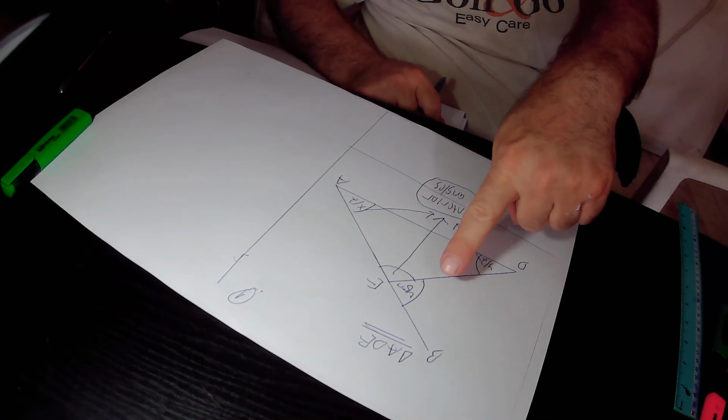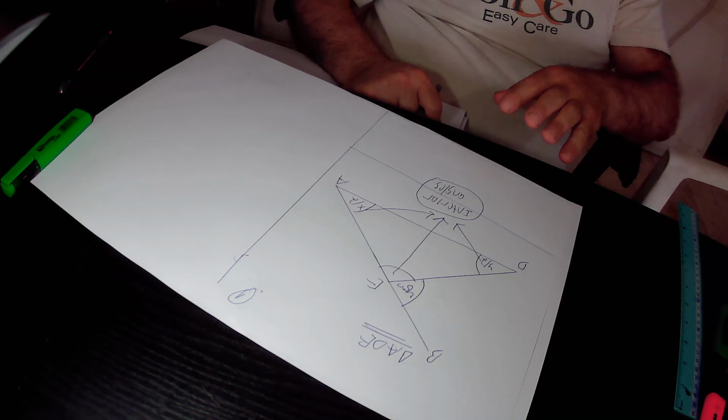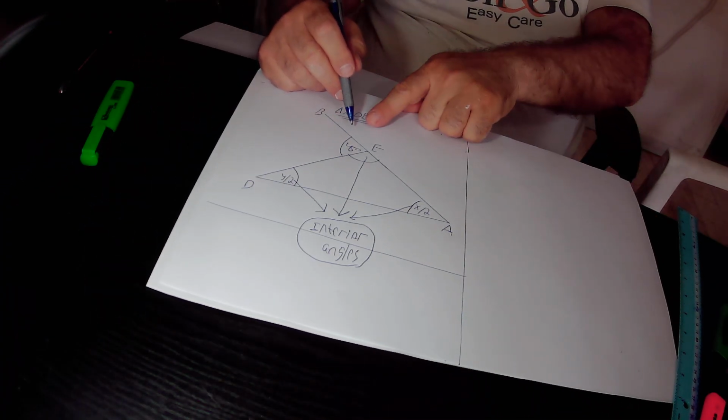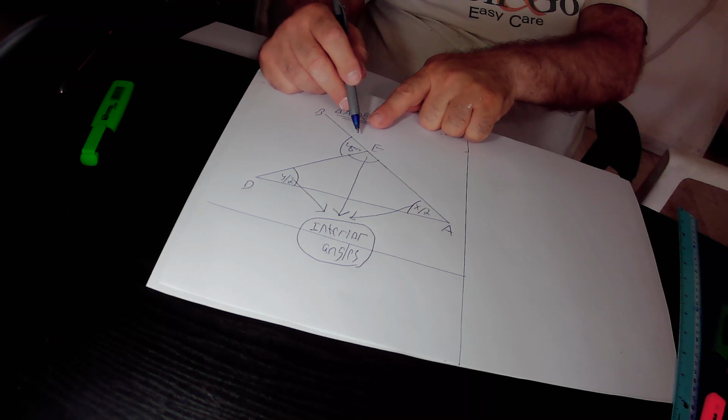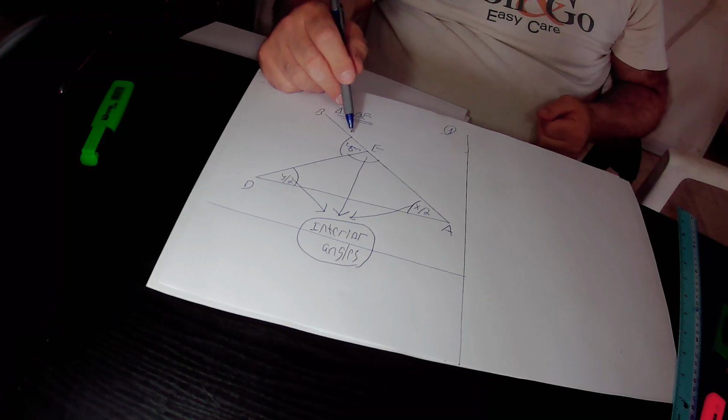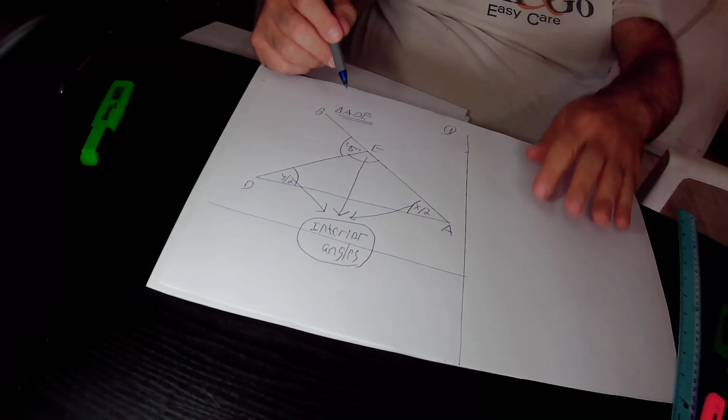While this is angle BED, this angle BED is located outside triangle AED, and therefore it is defined as the exterior angle of this triangle ADE. So write it down.